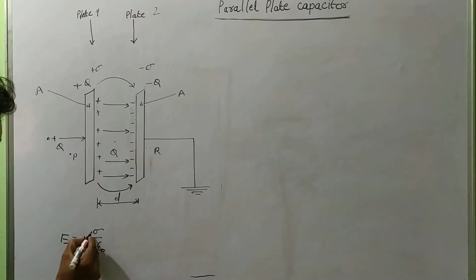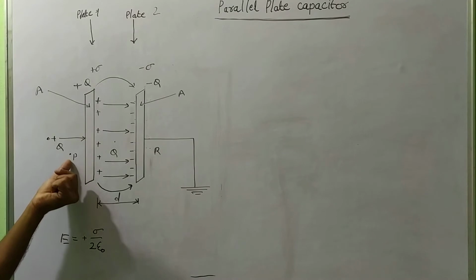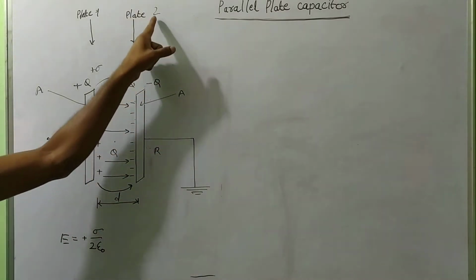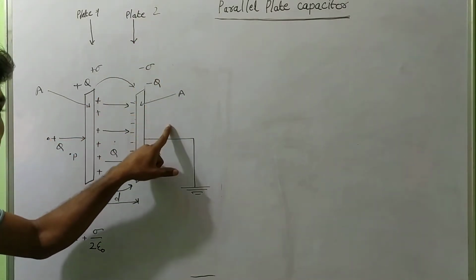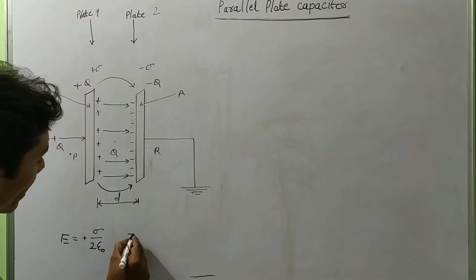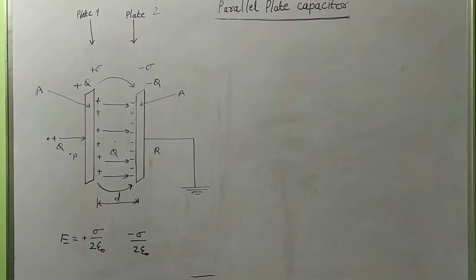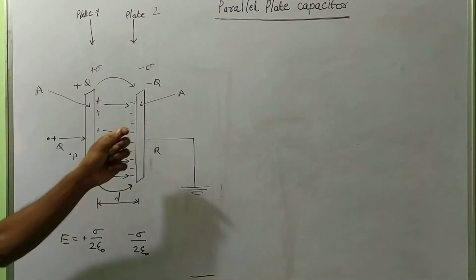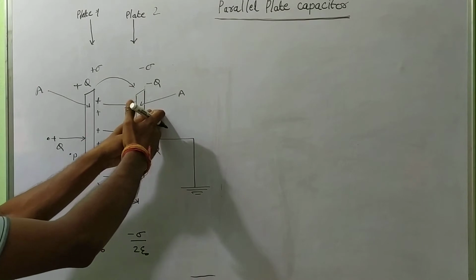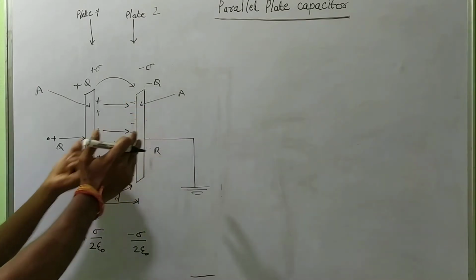Now the electric field at point P due to plate 2 will be minus sigma upon 2 epsilon naught, and the distance is measured from this plate towards this point.